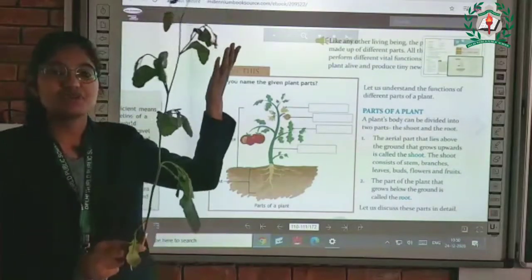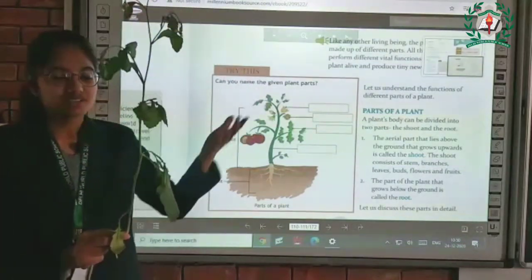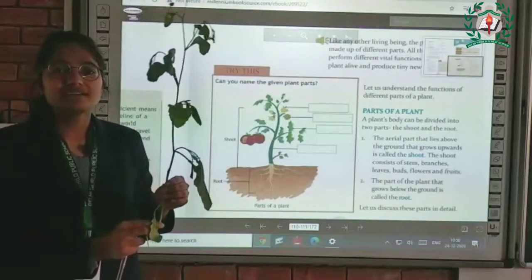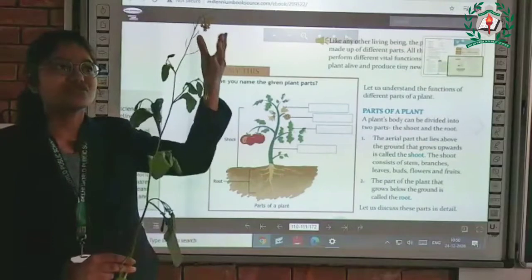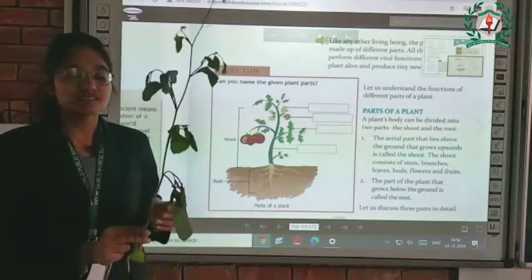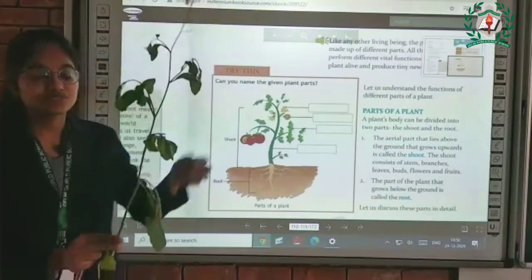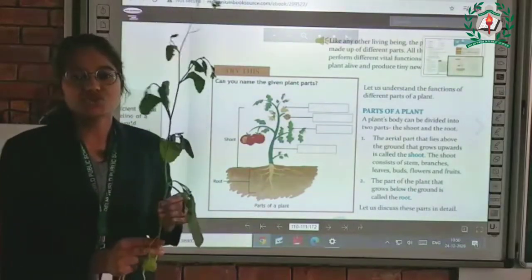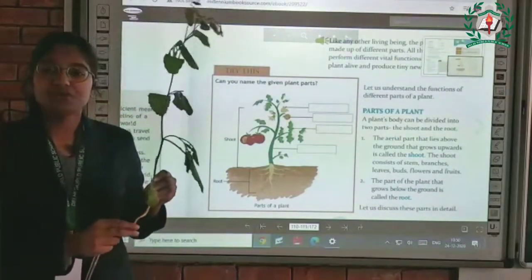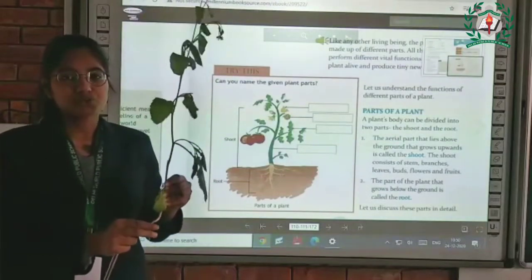And the part which remains above the ground is the shoot, and it consists of all the leaves, the stem, the branches, the flowers, the fruits, all the parts which remain above the ground. That is the shoot, okay, and the part which remains under the ground is the root.